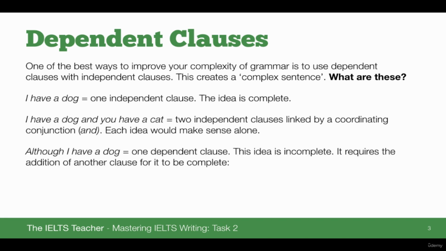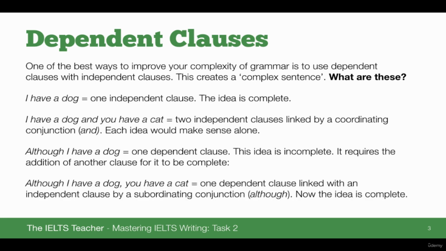Now here you can see a sentence which is incomplete. Although I have a dog, now this is why it's called a dependent clause. It is dependent on another part of the sentence to make sense. The idea is incomplete. It requires the addition of another clause for it to be complete. Let's have a look at that. Although I have a dog, you have a cat. Now we have one dependent clause linked with an independent clause.